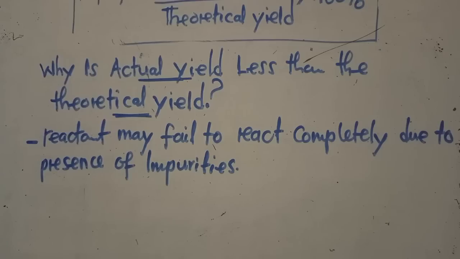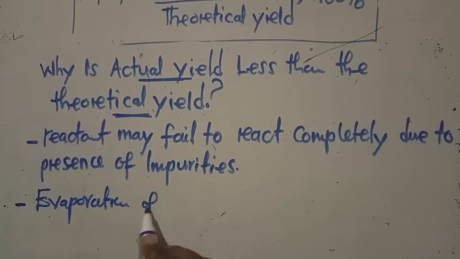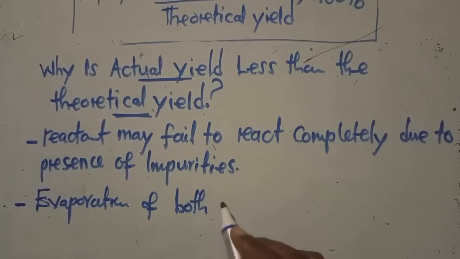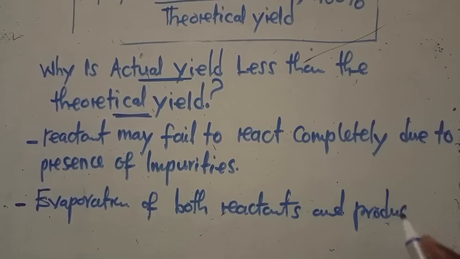So we've got a lot of reasons. You discover that there may be some evaporation of both reactants and products for reactions involving volatile chemicals. So the reason why it is like that, maybe there may be some evaporation of both reactants and products. This one you have to specify.